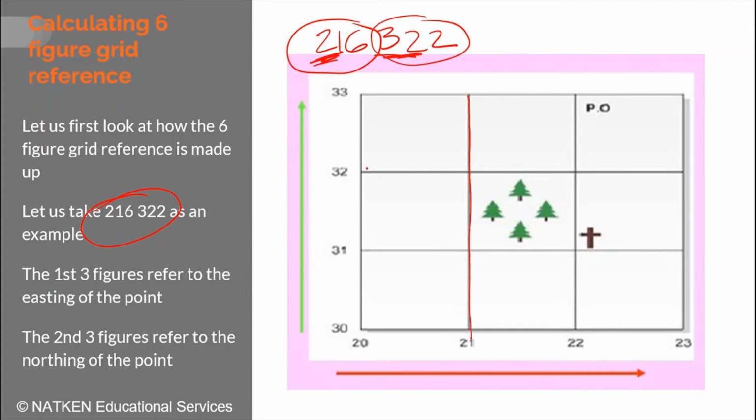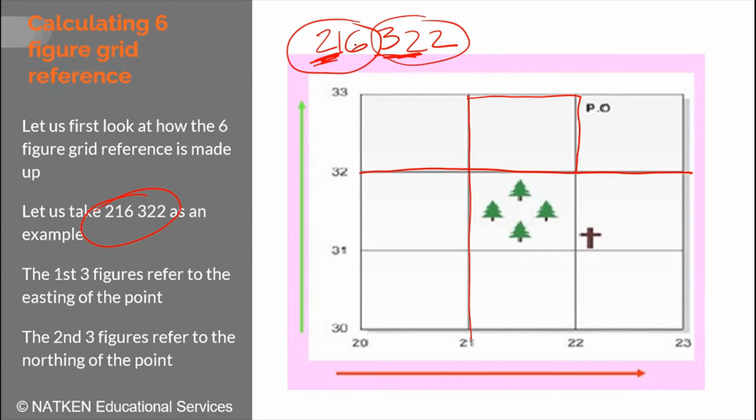And then we find 32, which is this line here. So that would show us that whatever symbol we want to find, or if it's a symbol that we want to place ourselves, it is within this box. That is where it is.